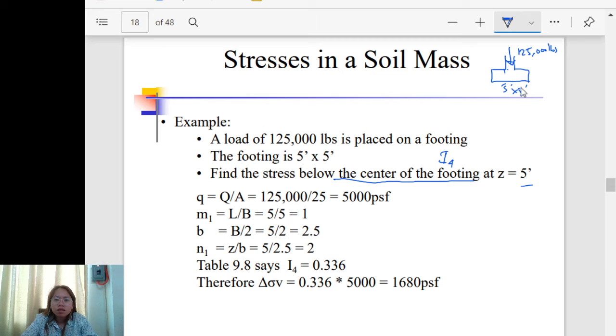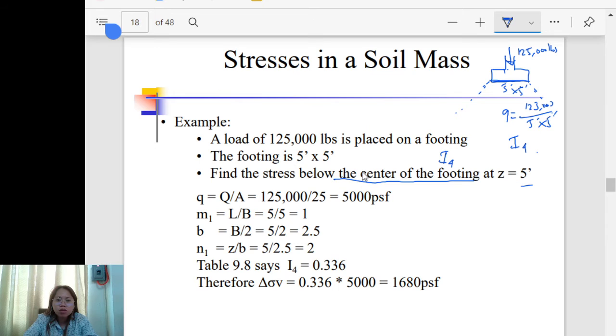So the small q is equal to the stress right after the footing, or the interface between the footing and the soil. So small q is equal to 125,000 divided by 5 feet by 5 feet. That is the small q, but we have to multiply this with I4, the Boussinesq coefficient.